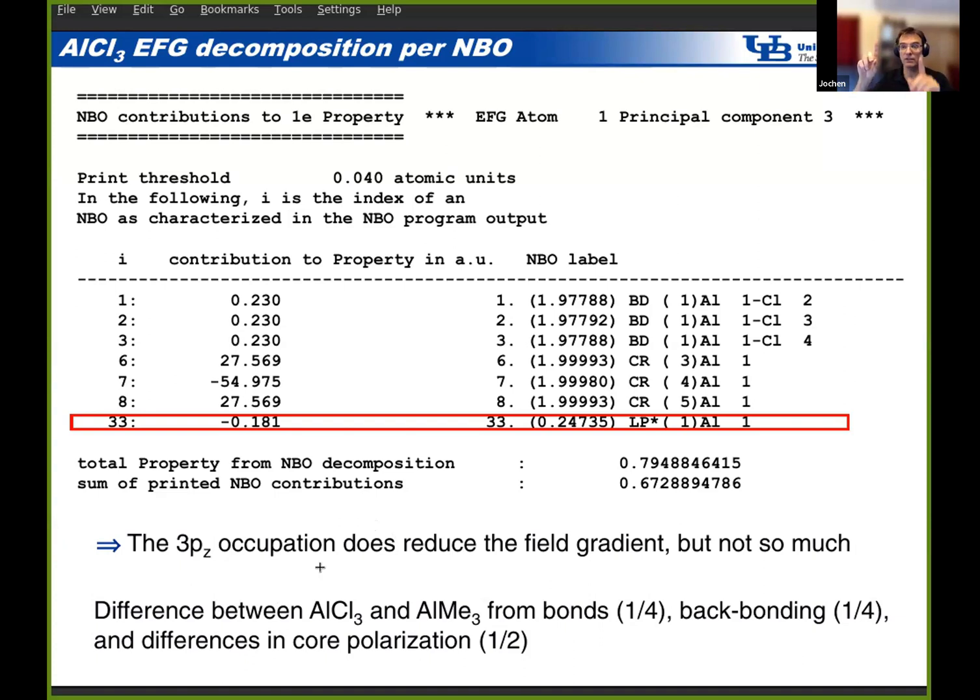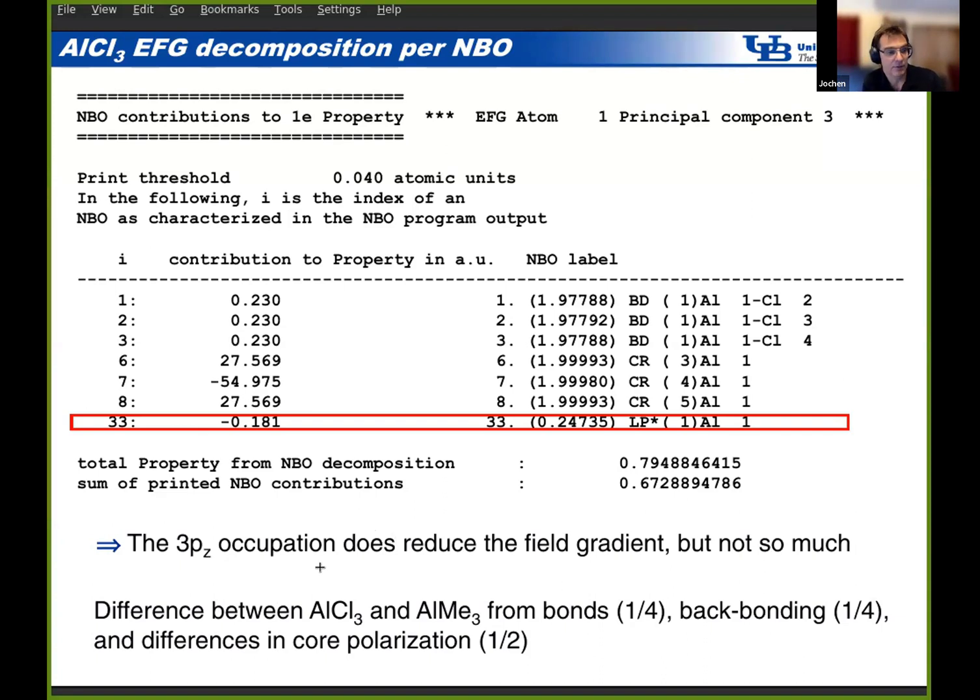So here's the chlorine and the bond to the aluminum. And here's the 3pZ orbital of the aluminum. So the chlorine has p orbitals that are occupied. So it can donate electron density to that 3pZ orbital of aluminum.